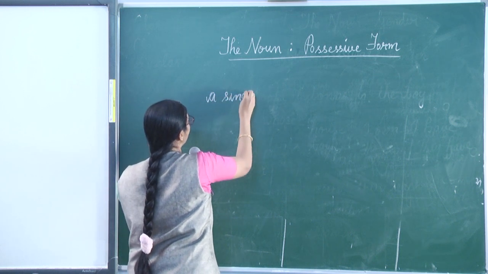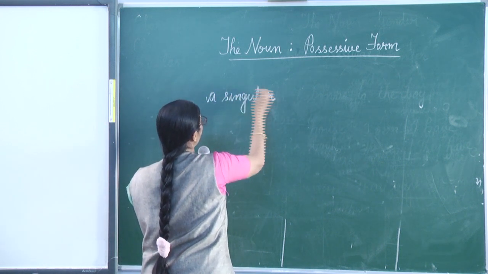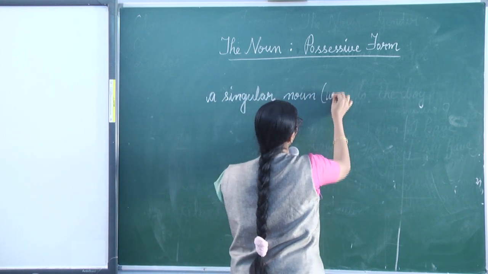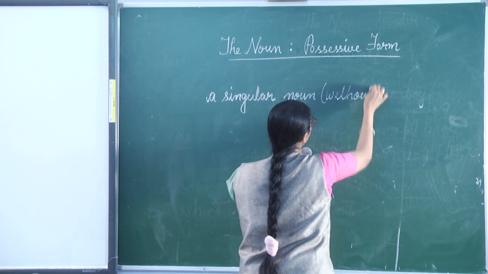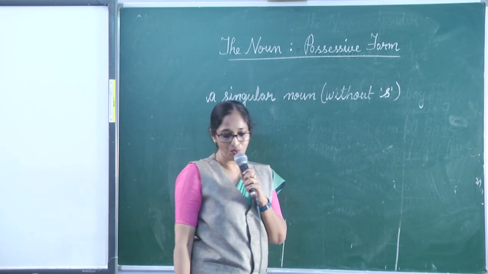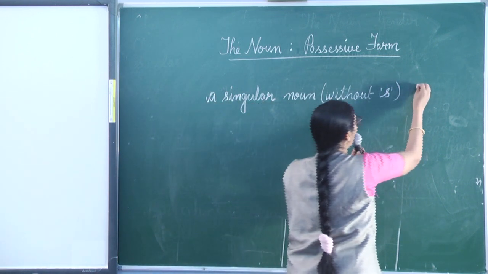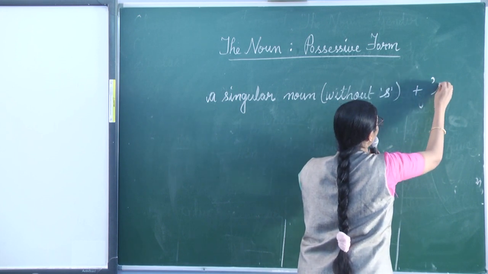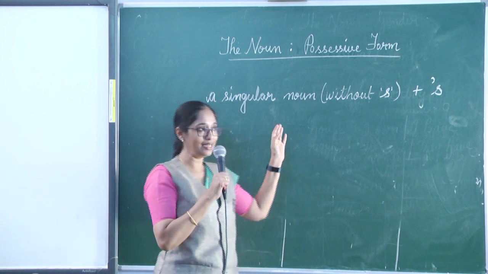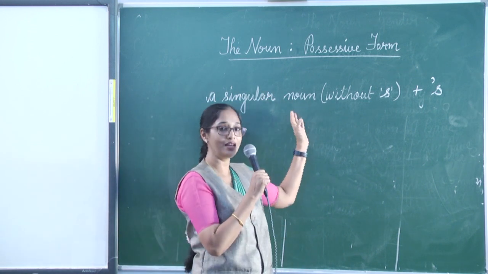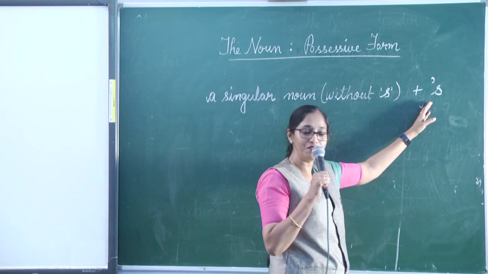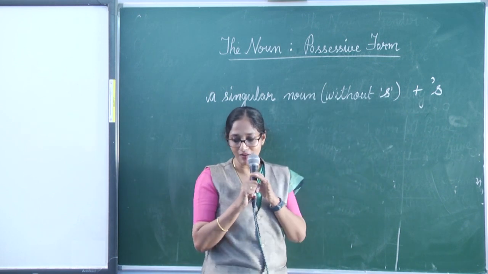A singular noun without s, you need to add an apostrophe s. Understood? If the noun is singular and does not end in s, you need to add apostrophe s to form the possessive noun.